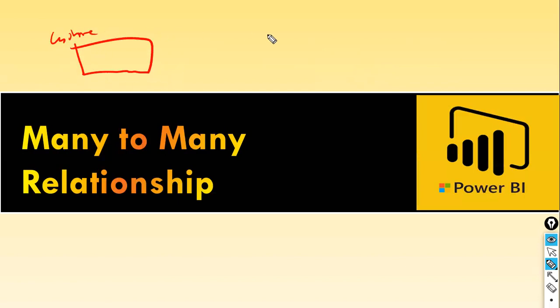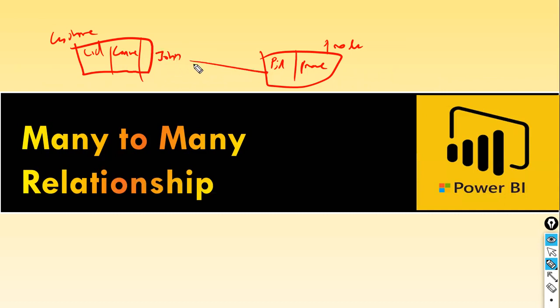Customer and product. You have something called PID, product name, and customer ID, customer name. Each customer, like I said, John, can buy more than one product, and each product can be bought by more than one customer also.